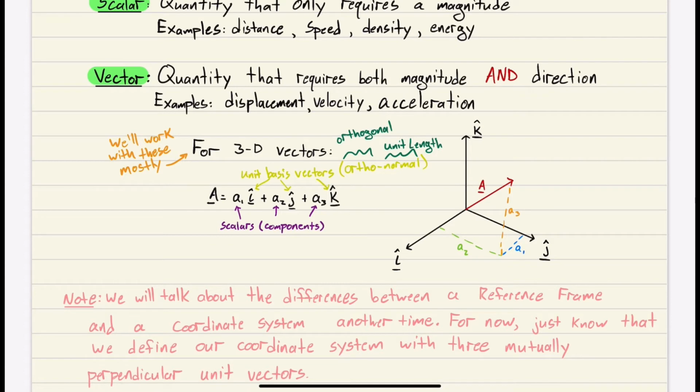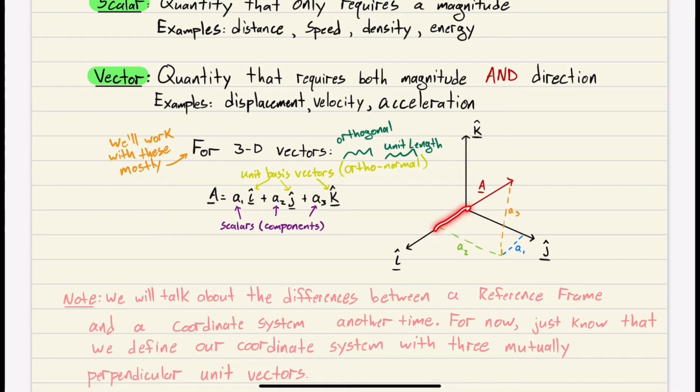And so the way we can think about how this vector capital A is constructed, it goes A1 in the I hat direction, then it goes A2 in the J hat direction, then it goes A3 in the K hat direction. So if we go to our little graph over here, we go A1 in the I hat direction, then A2 in the J hat direction, and then A3 in the K hat direction.